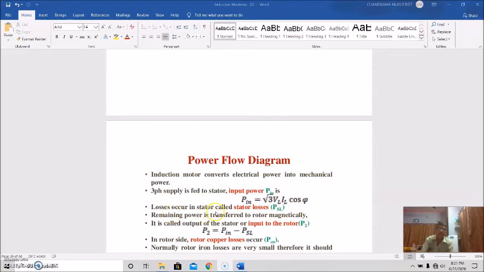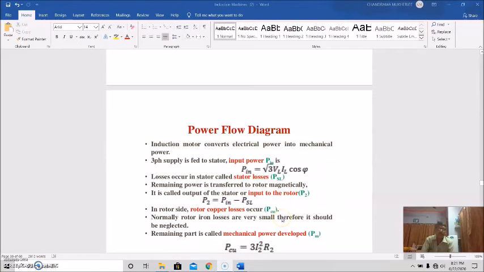Losses occur in the stator, as I told you, the stator losses PSL, and the remaining power is transferred to the rotor magnetically. It is called the output of the stator or input to the rotor, that is P2. P2 is the difference between the input power and the stator losses.